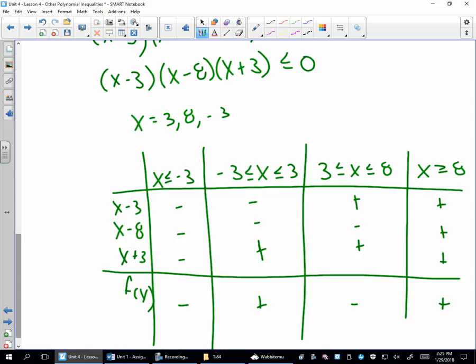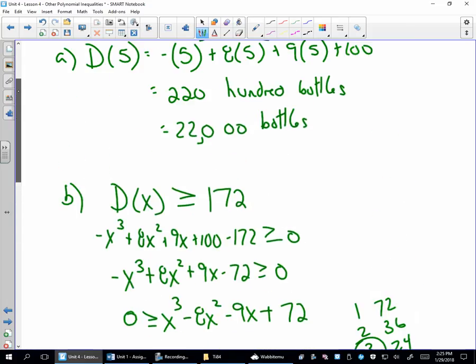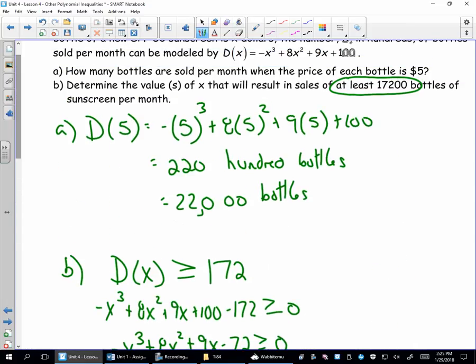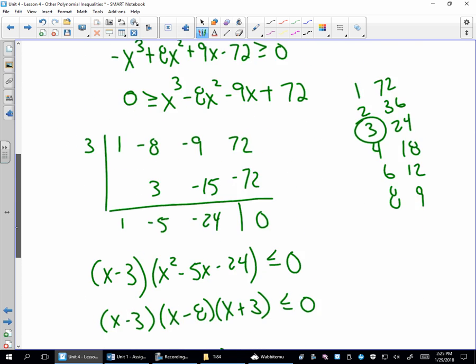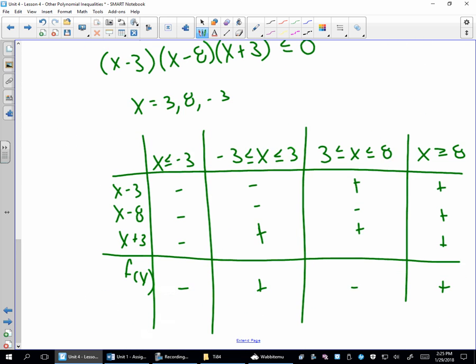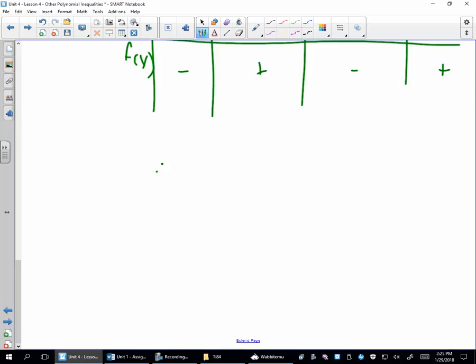Okay, in order to produce, what was our part? We had to produce at least 17,200 bottles. We need to have x values that are... and what were we solving?